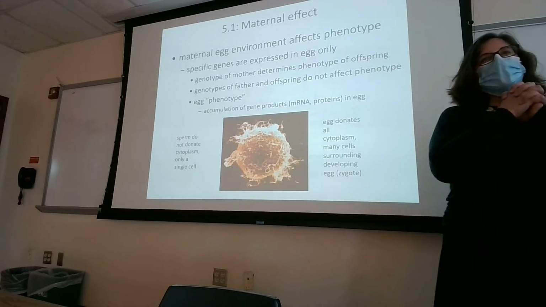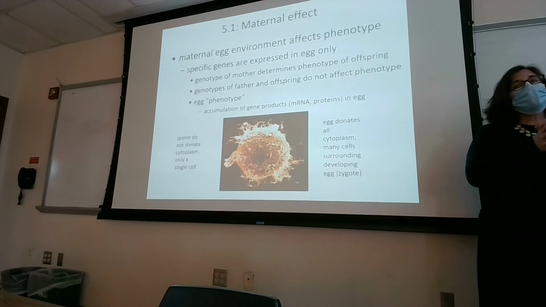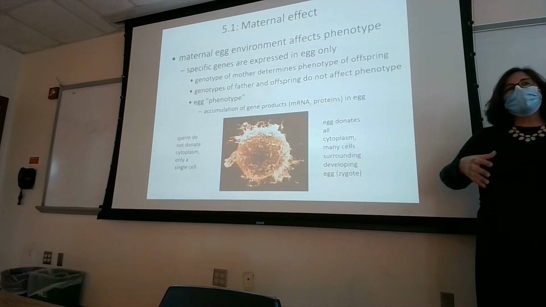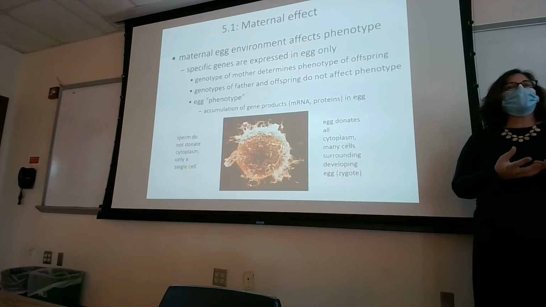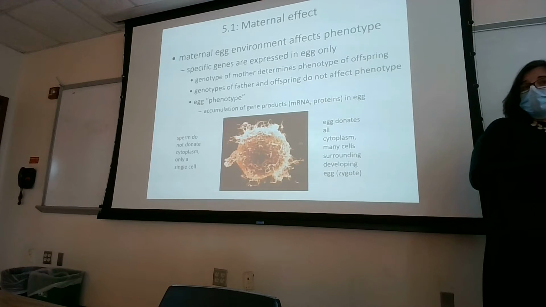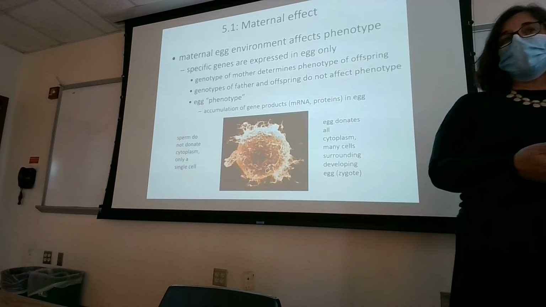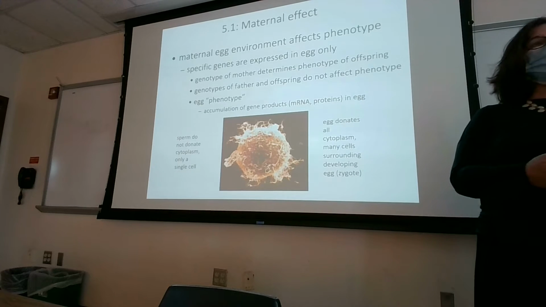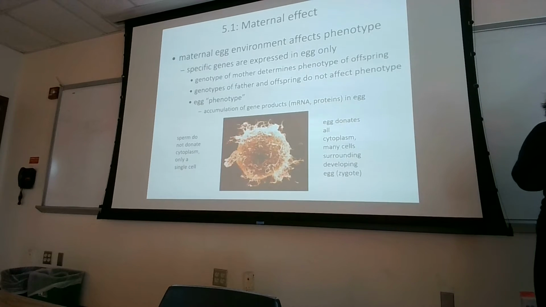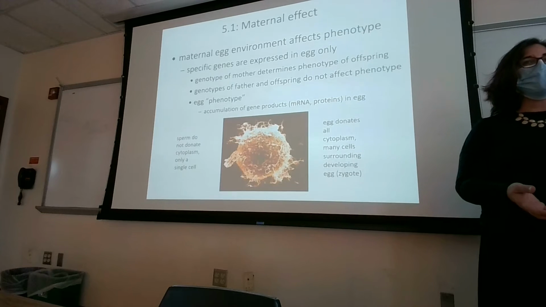So when we talk about maternal effect, it has everything to do with the egg and the environment that that egg develops in. Because especially in mammals, the mother supports the life of the offspring until birth. And so everything that goes into the mother's body is also going to the developing offspring.